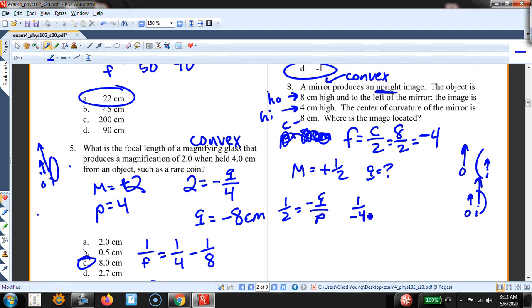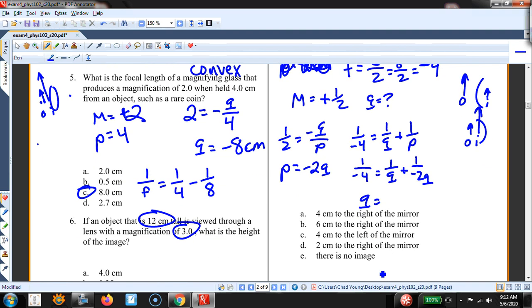And then 1 over negative 4 is equal to 1 over Q plus 1 over P. So I'm going to solve this equation where P is equal to minus 2Q, and I'll put that in for P. So I get 1 over minus 4 equals 1 over Q plus 1 over minus 2Q. And then I can solve that for Q, and I find that Q is equal to 2 centimeters.